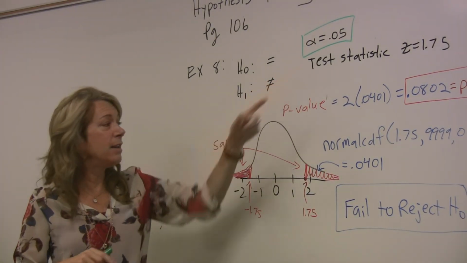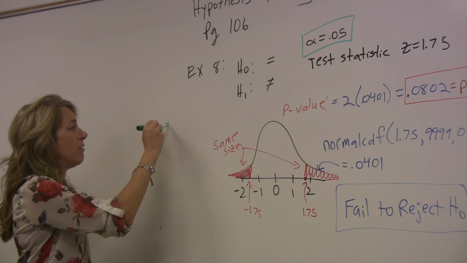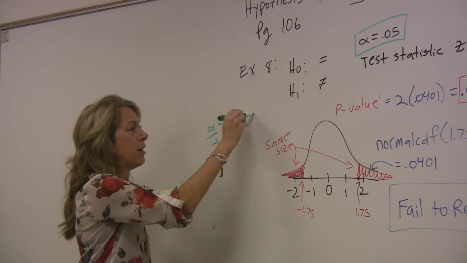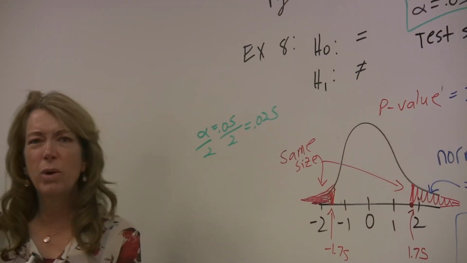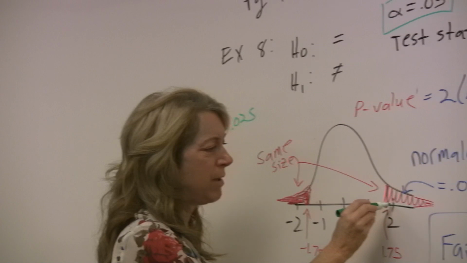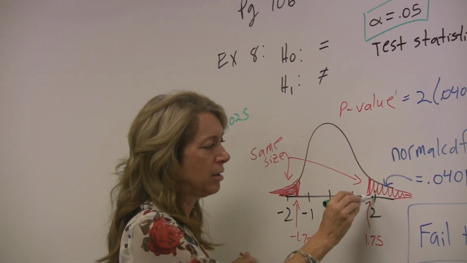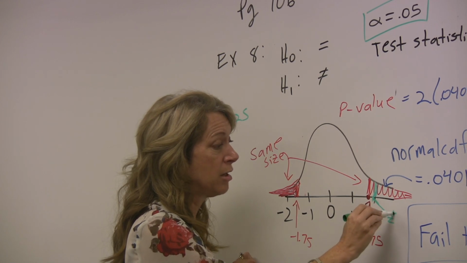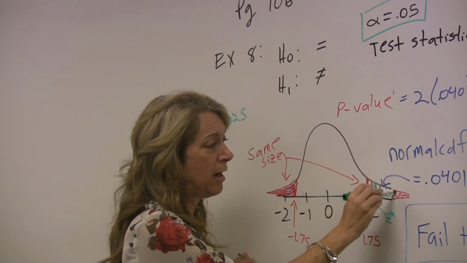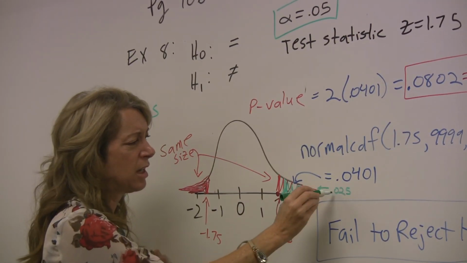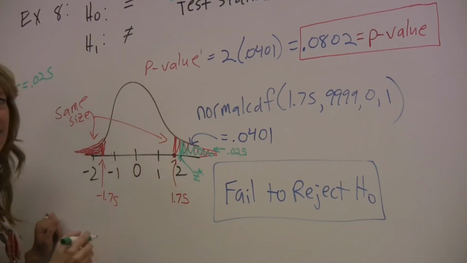So I have to divide it in 2. Alpha equals 0.05 divided by 2 is 0.025 in each tail. We did this earlier, I think. So maybe I would be right here, where this area, this is my Z star, gives me a little green area of 0.025.